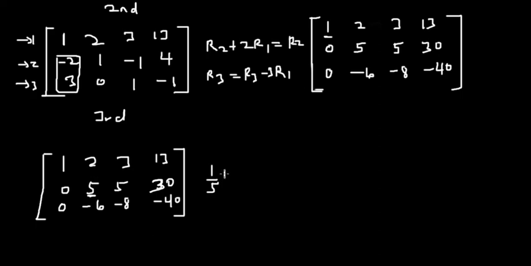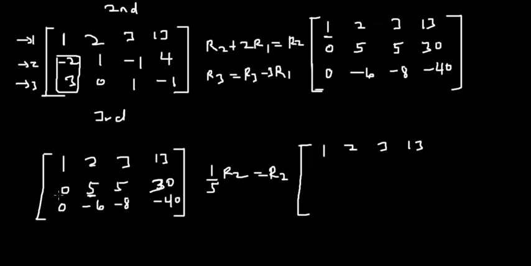1 on 5 multiplying R2. So our R2 will now be equal to 1 on 5 multiplying R2. So let's do that. Row 1 will remain the same, 1 2 3 13, but row 2 will change. So we have 1 over 5 multiplying R2.